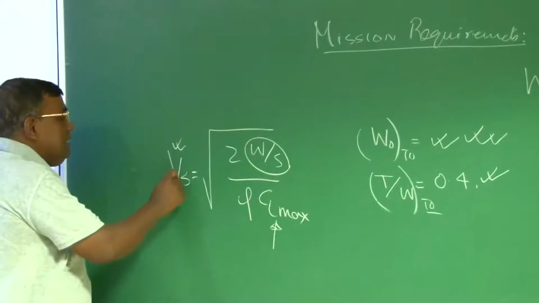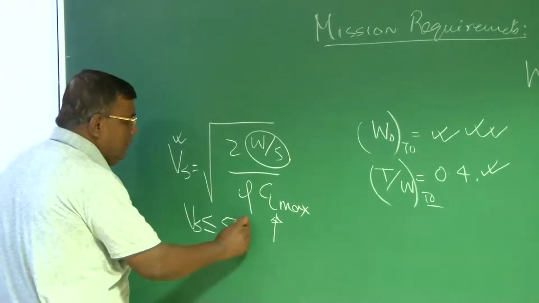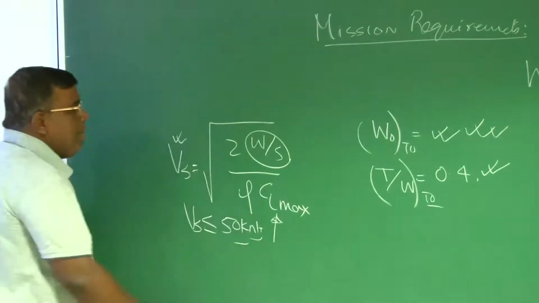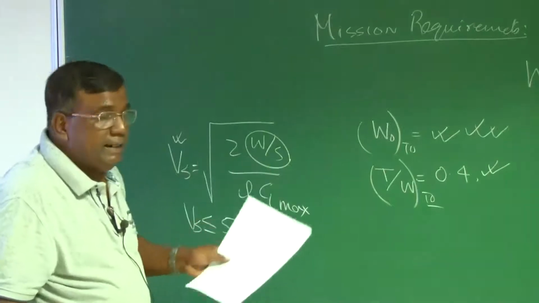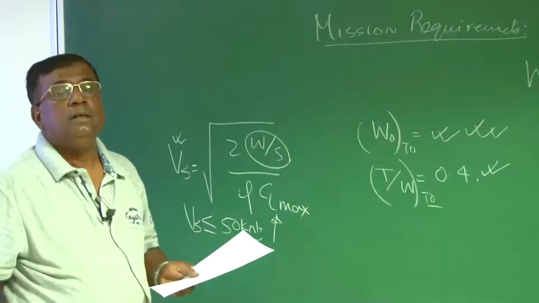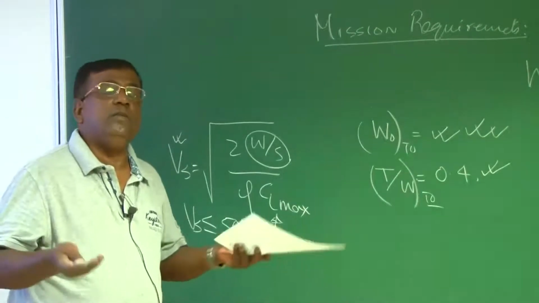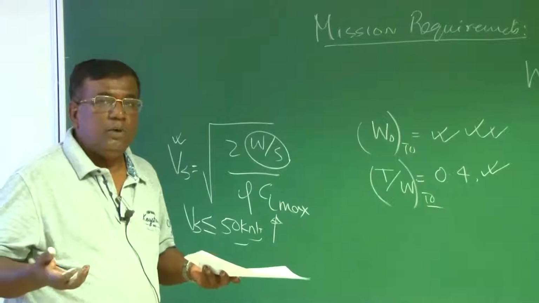Because there is a restriction on Vs, which is Vs should be less than 50 knots or some number. If I now design the aircraft so that W by S is 100 kg per meter square, then your V stall will increase. And V stall increasing means V takeoff will increase, V landing will increase. That you perhaps cannot afford to do.